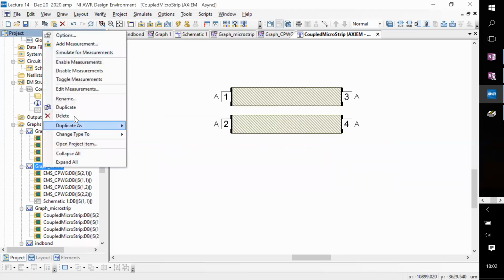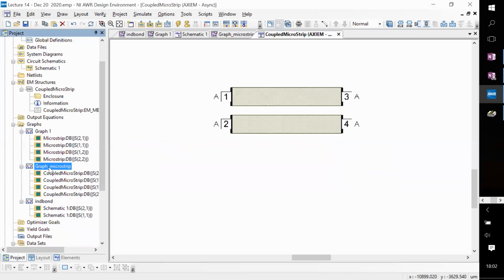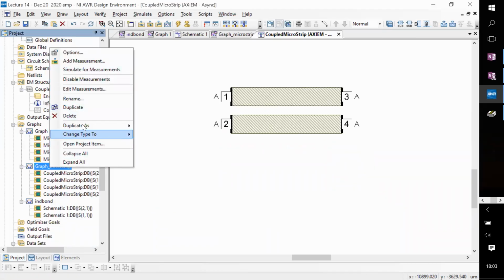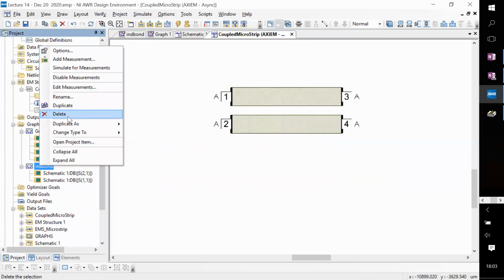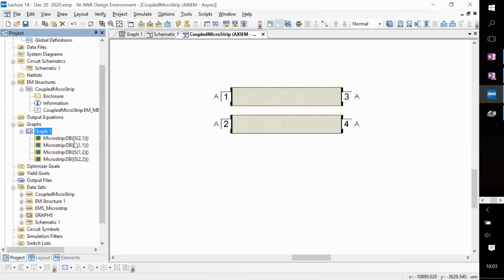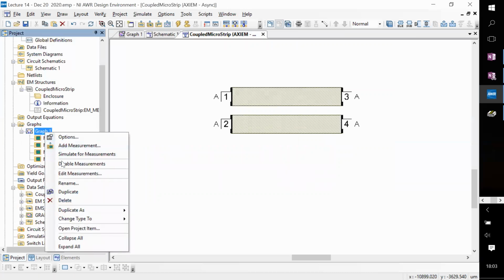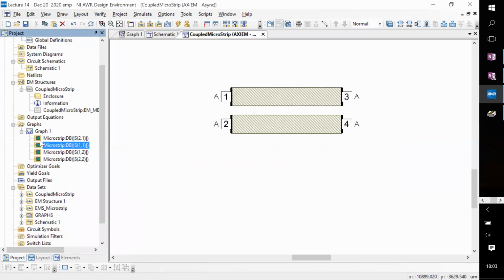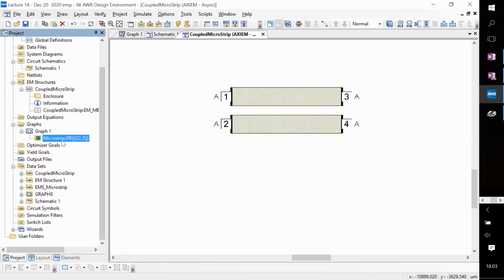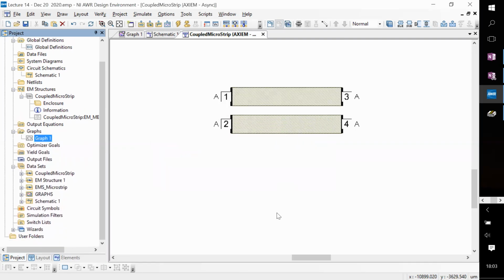Delete these unnecessary graphs here. So if one wants to really know the properties of these things as given here, one cannot really measure S parameters of, say, 1 to 3 or 2 to 4.